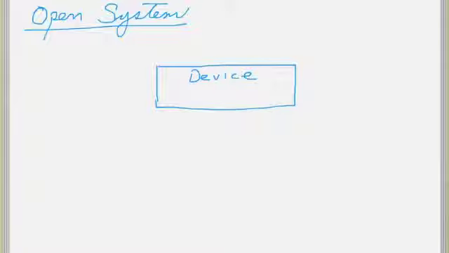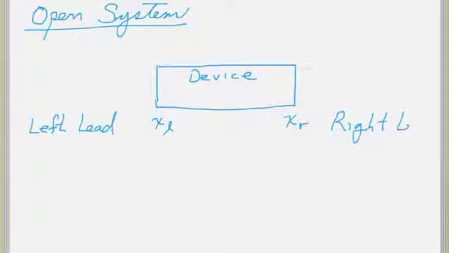So we'll call this point X sub L, X sub R. So over here is our left lead. Over here would be our right lead. And say, to begin with, the way the problem is set up, it's set up as a scattering problem.